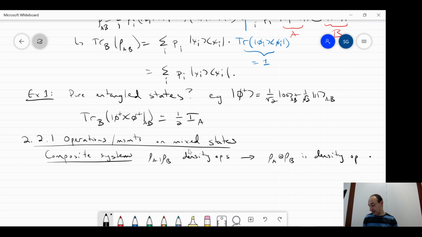So prove this. This is exercise 44. Go ahead and prove this, because you have to check two things. Assuming these two are positive semi-definite with trace 1, you want this thing to be positive semi-definite with trace 1. The trace is pretty easy to do.